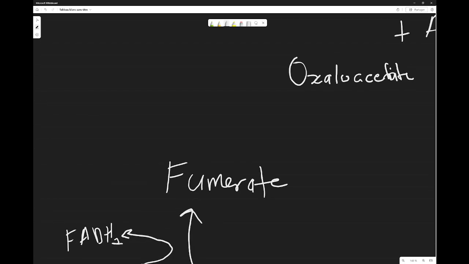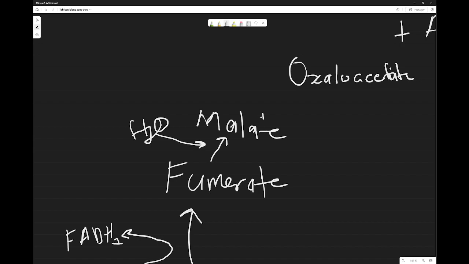So it gives us fumarate. And we're gonna have implementation of some water here, H2O, right? And we're gonna create what we call malate, right? Malate. And from malate now, right, we're gonna create another molecule of NADH.